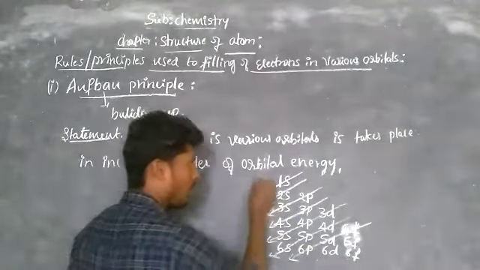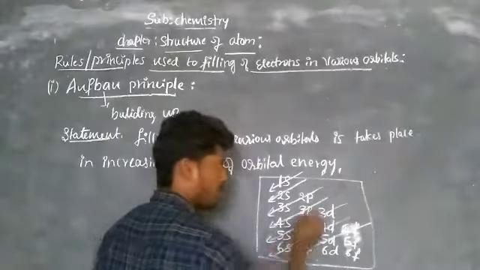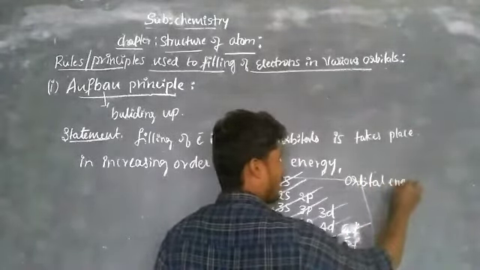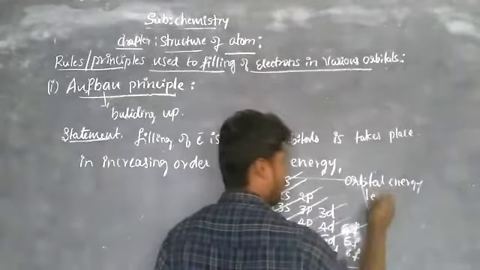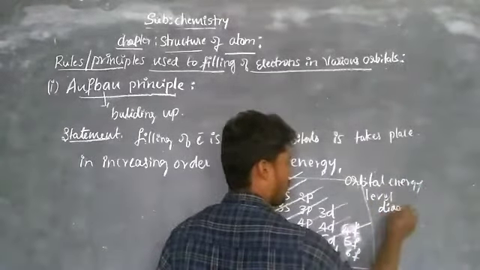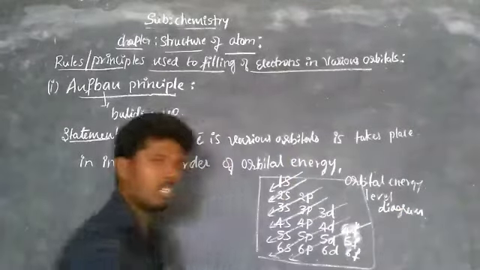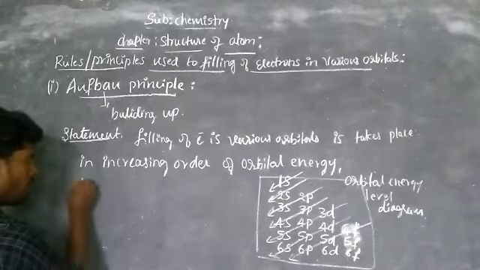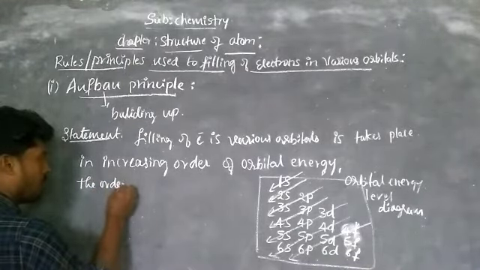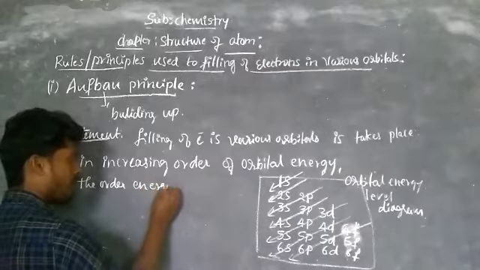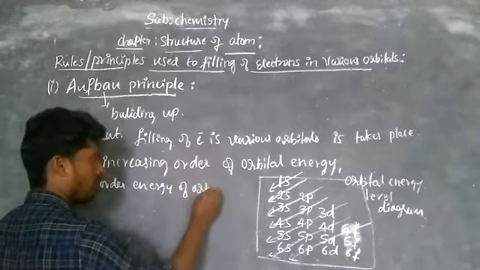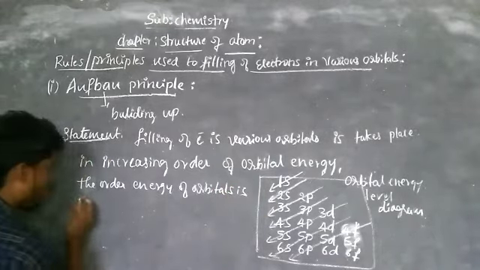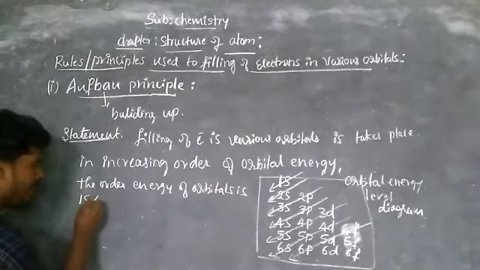This whole thing is called the orbital energy level diagram. So here the order of energy of orbitals is written. Observe that 1s is filled first, because the 1s orbital has less energy.